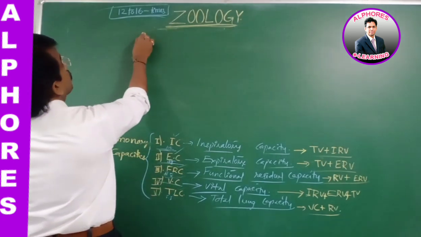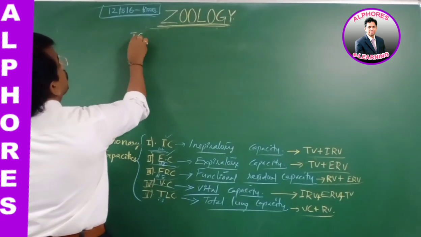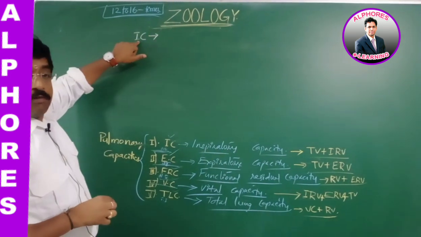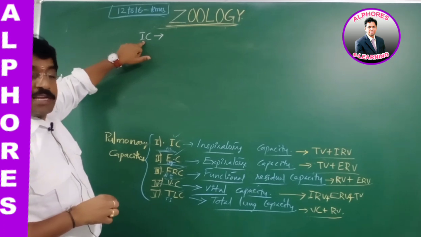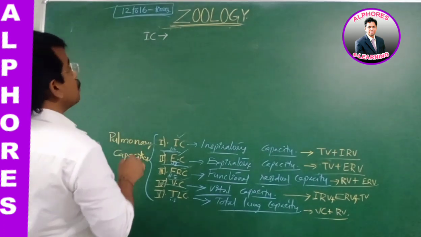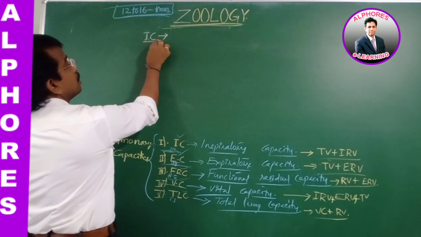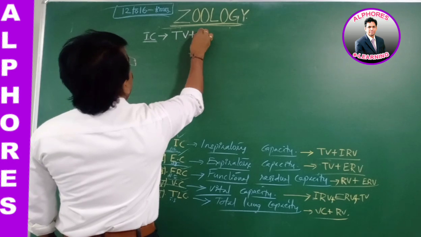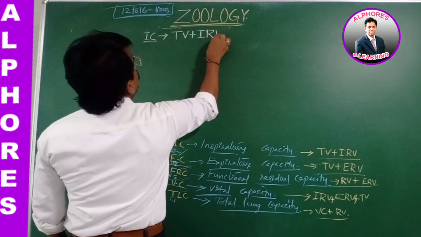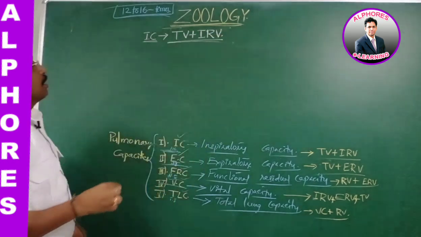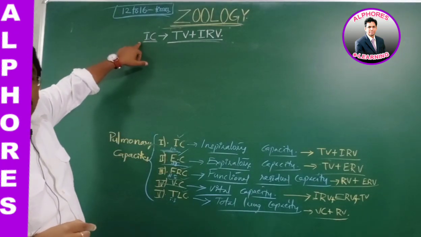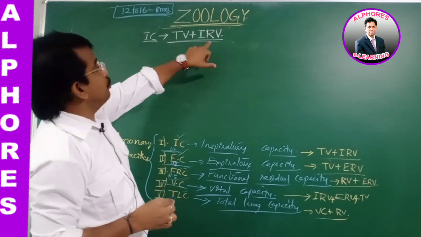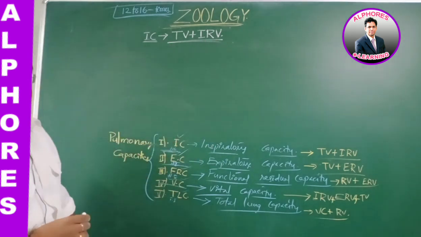The inspiratory capacity is the volume of air that a person can inspire after a normal expiration, which can be written as TV plus IRV. The equation for inspiratory capacity is tidal volume plus inspiratory reserve volume.